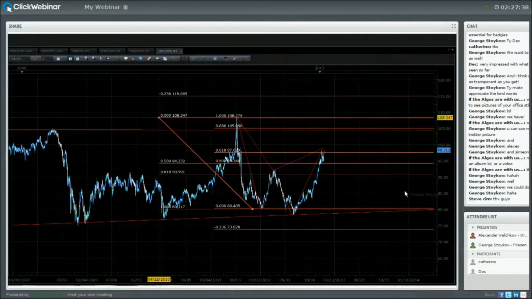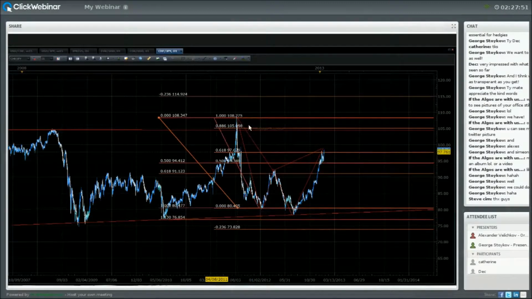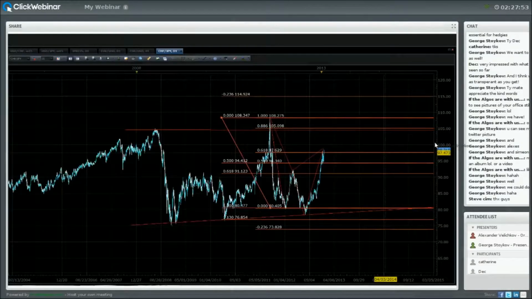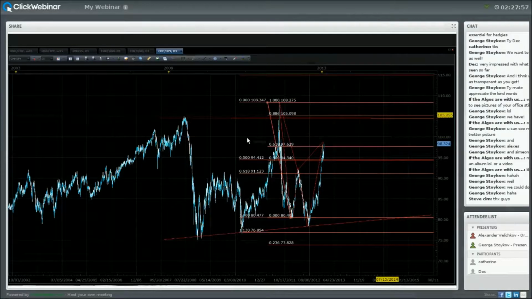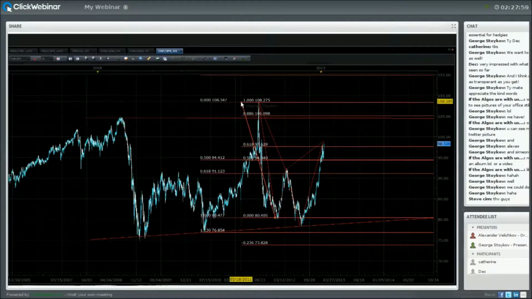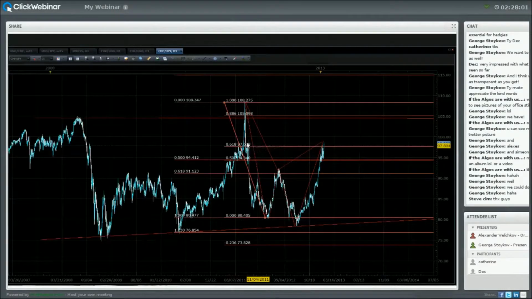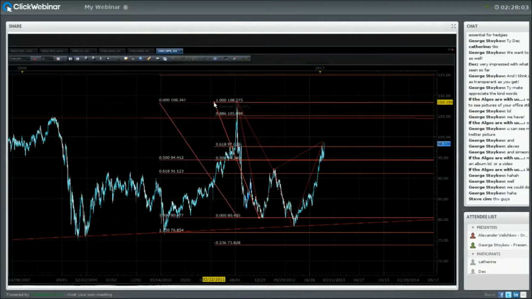Then we have to check this, if I'm right. 1.13. Well, almost right. One cannot strive for perfection all the time, especially in such large time frames. It's not that often that you will see perfect pattern playouts.